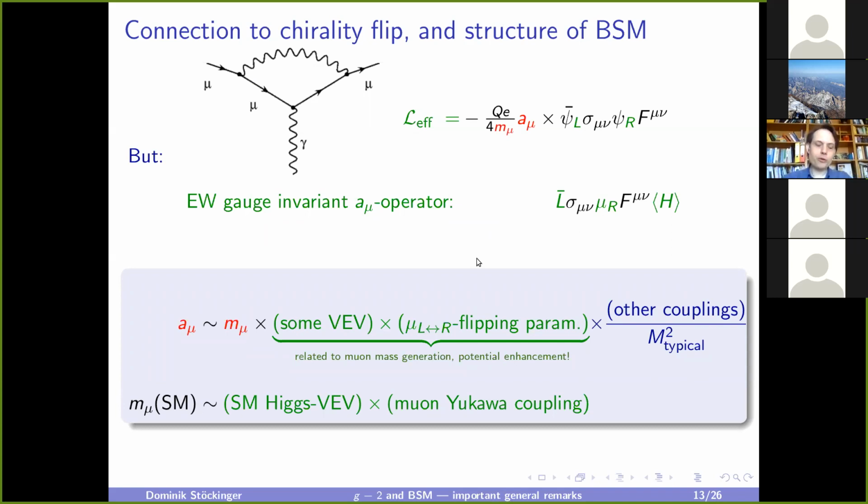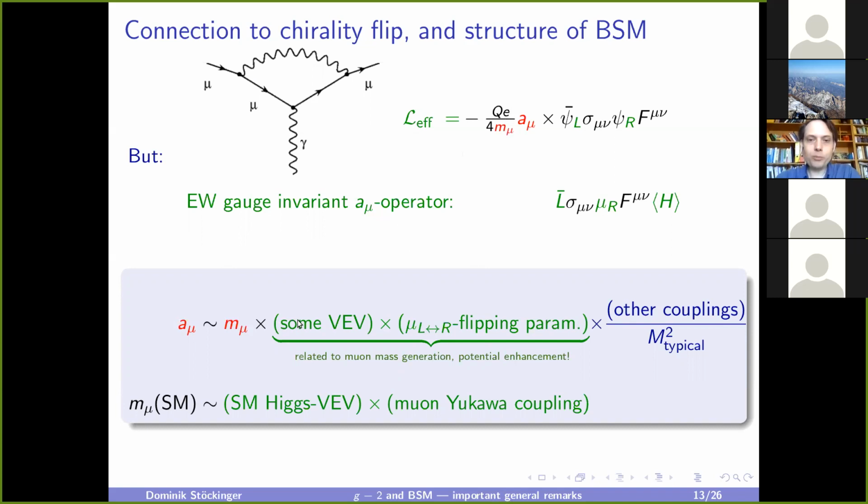And that means if you look at all the contributions to a_mu or g-2, they have this very complicated set of factors appearing. So let's go through it. First, from the definition, you get one factor of the muon mass. This comes because the operator gives a_mu over m_mu.